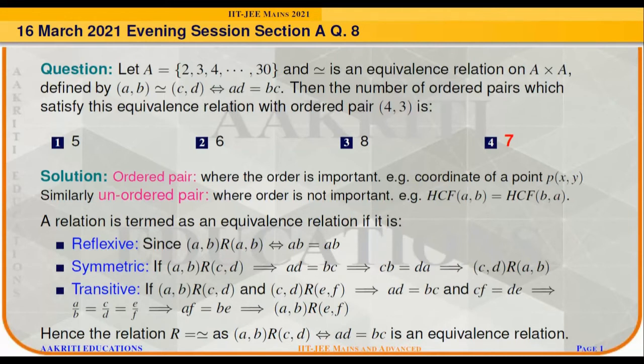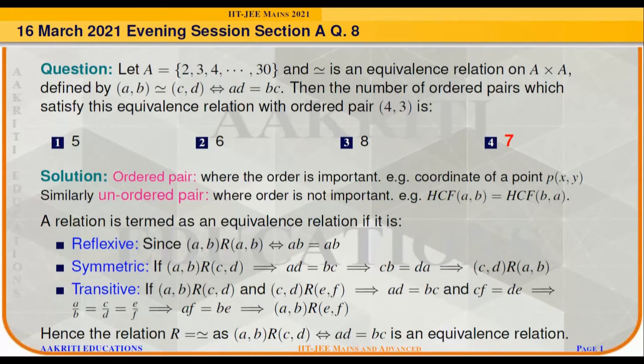Now, in this question, we have to deal with the equivalence relation. A relation is termed as an equivalence relation if it is reflexive, symmetric, and transitive. For a relation to be reflexive, if A comma B is related with A comma B, then AB is equal to AB, which is always true, and vice versa. Hence, this relation is reflexive.